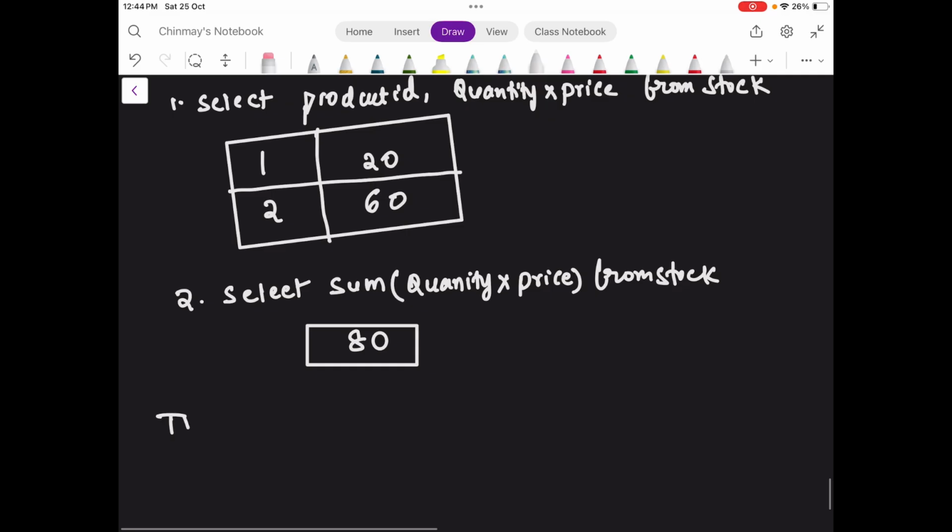Let's take transaction 2. What is transaction 2?